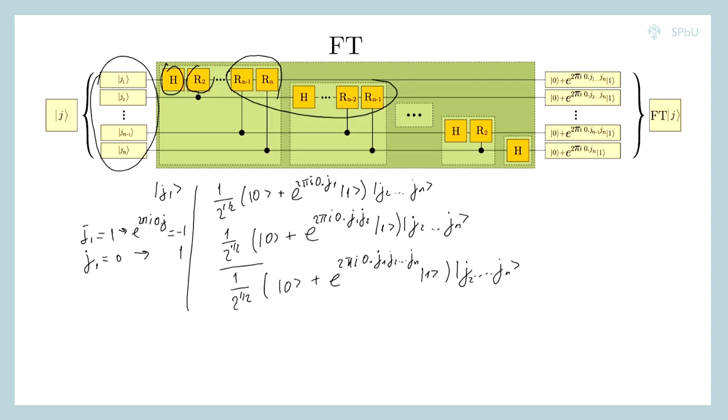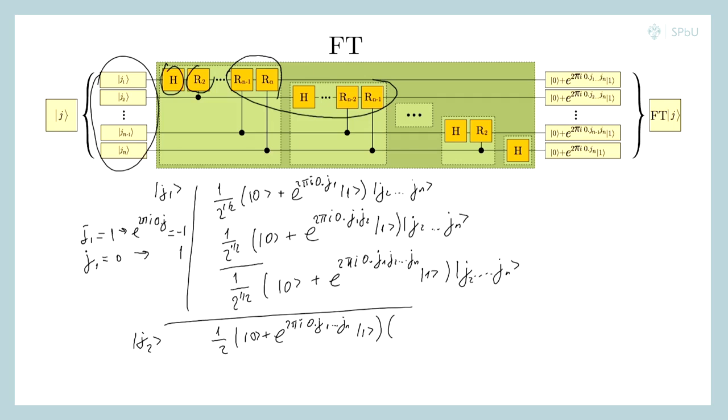And if we do the same transforms with the qubit J2, the system will be in the state 1/2, |0> plus e to the power of 2 pi i 0.J1 to Jn on the state |1>.